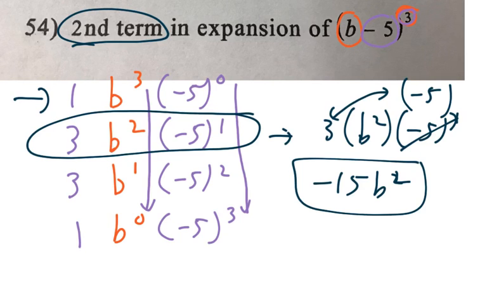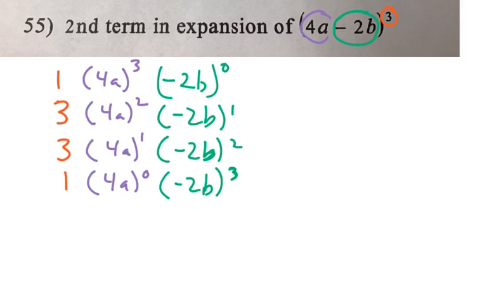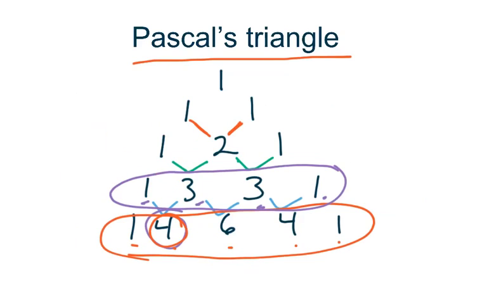Okay, hopefully you did number 55. Let's see how you did. Follow the blue here. Did you start out with 1, 3, 3, 1? Why? Because the power was a 3 power, right? And according to Pascal's triangle, we look where we know we have the 3 power in there.